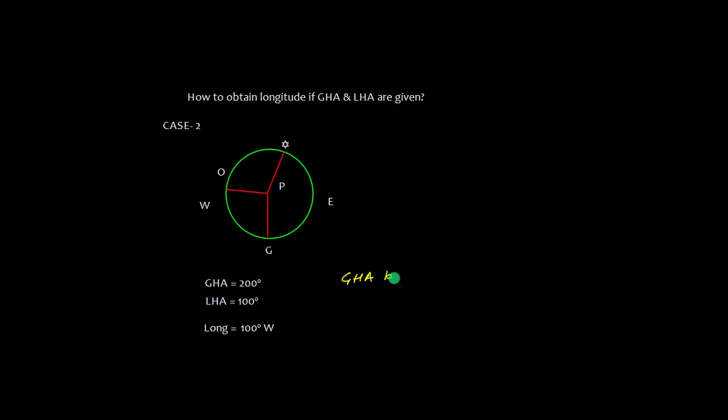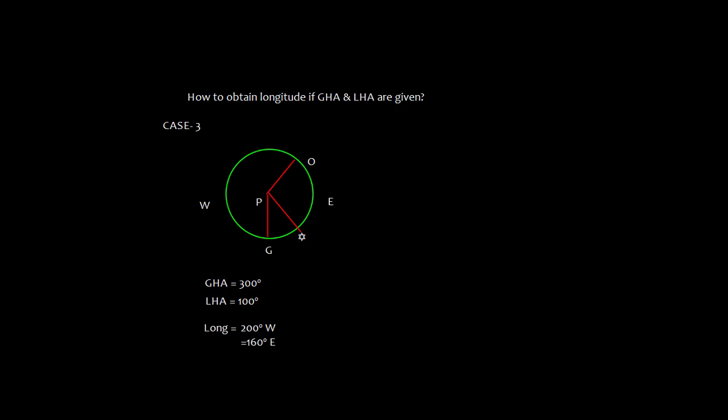The GHA is more than LHA, so here we have longitude west, and the value will be 100 degrees. I'm using very simple numbers so that it becomes very easy for you to understand.